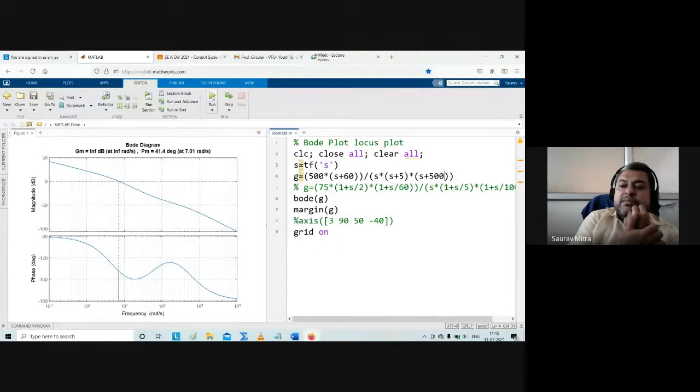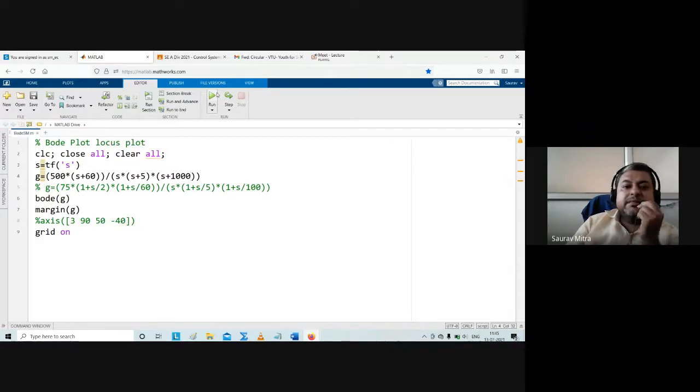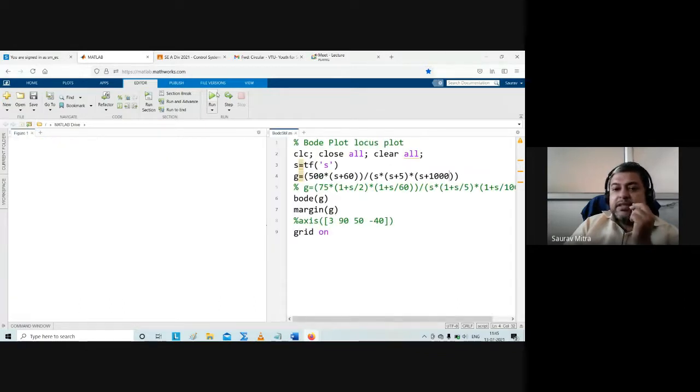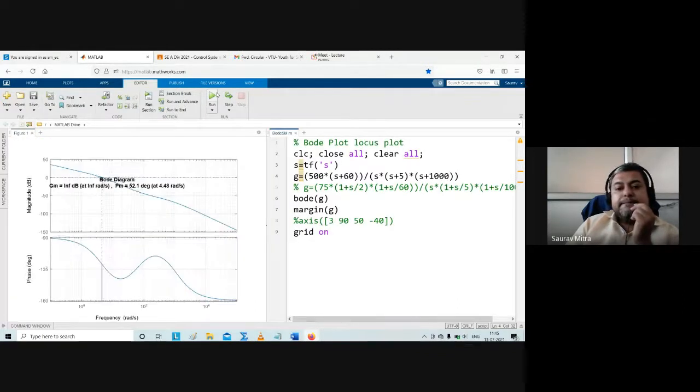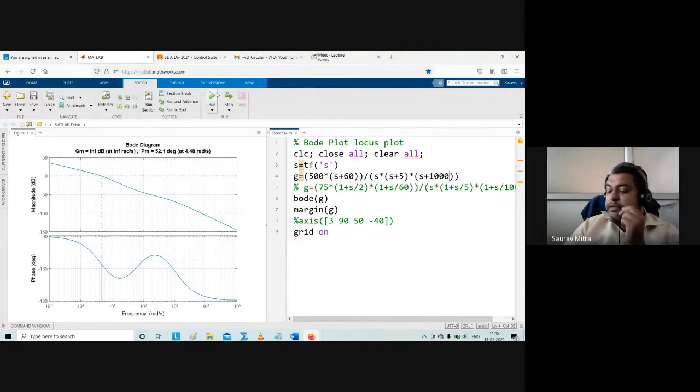Make it 1000 and this 41.4 will increase further. So it is not about solving numericals, it is about understanding the system in a better way. With the pole at 1000, the phase margin is still increasing, to 52.1 degrees. So increasing the pole gives better and better phase margin.